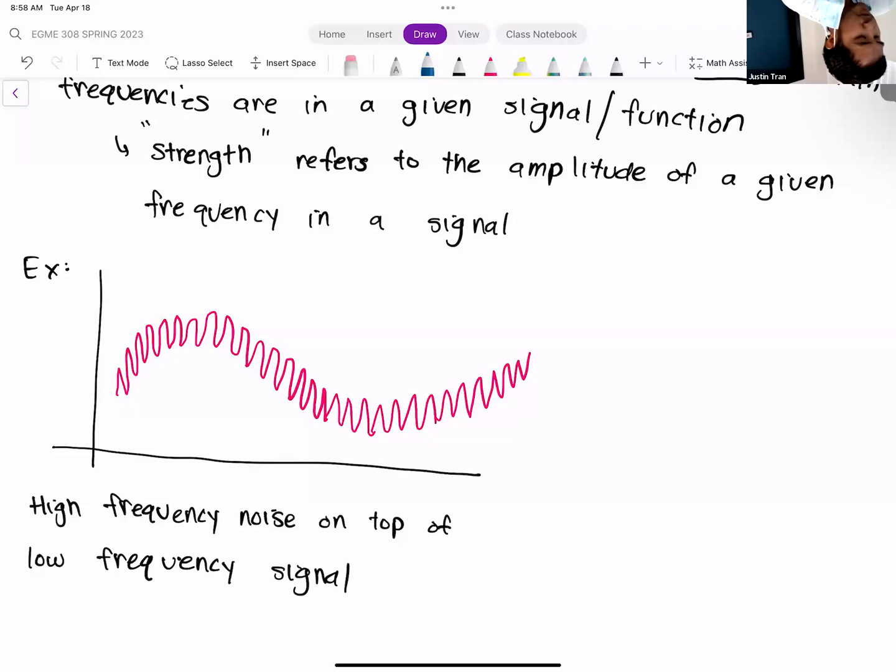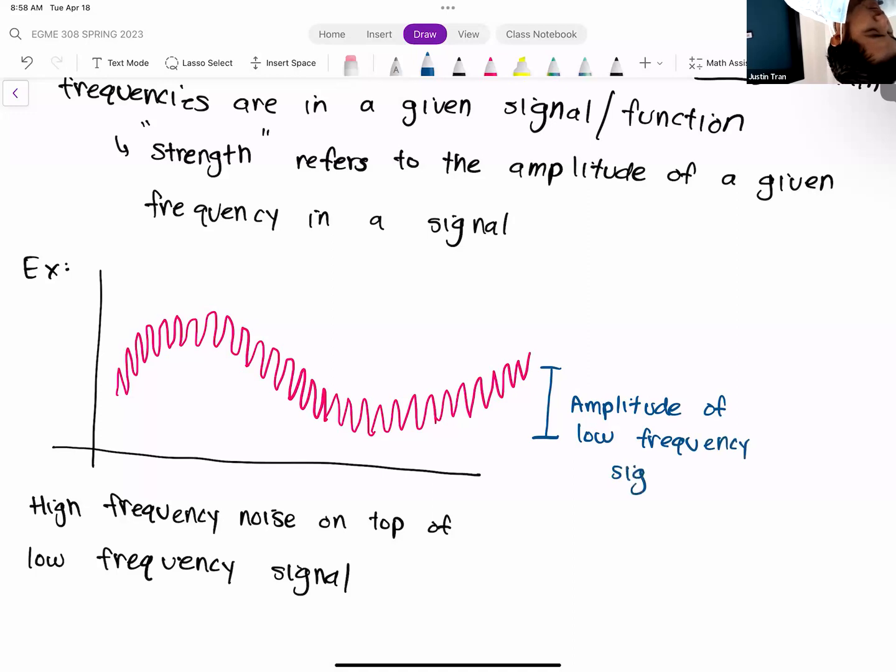For the low frequency signal, we can compute the amplitude of that signal. Right. So that's approximate.